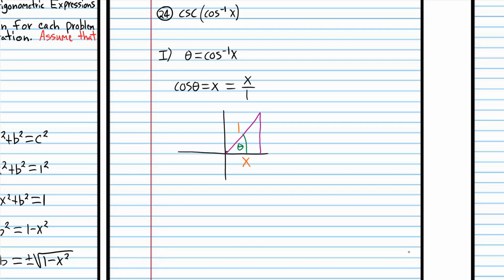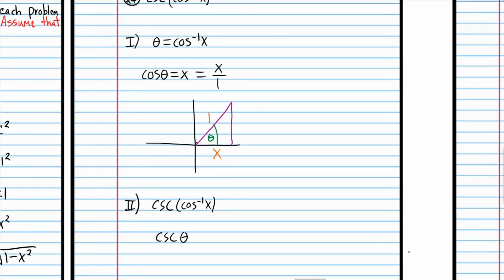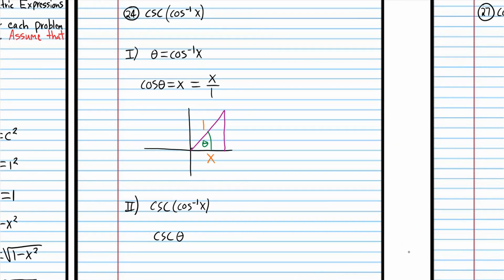And in part 2 of the problem, we're looking for cosecant of cosine inverse of x. And we defined cosine inverse of x as theta. So we're just looking for cosecant theta. The only problem is we don't have the opposite side.